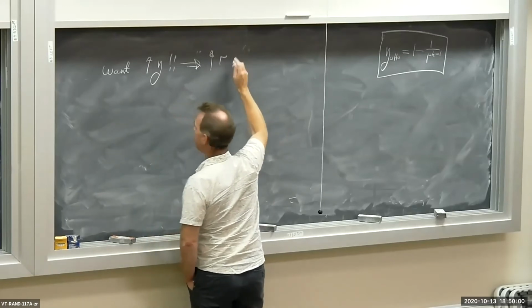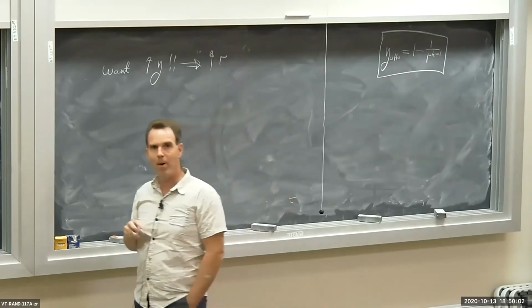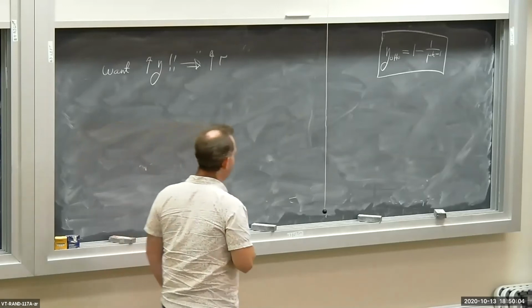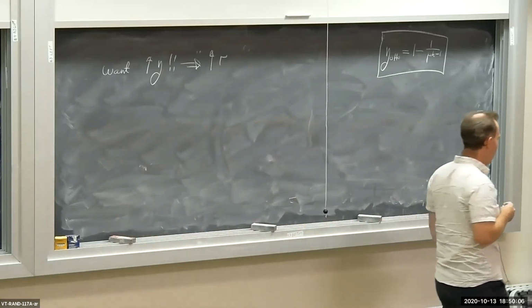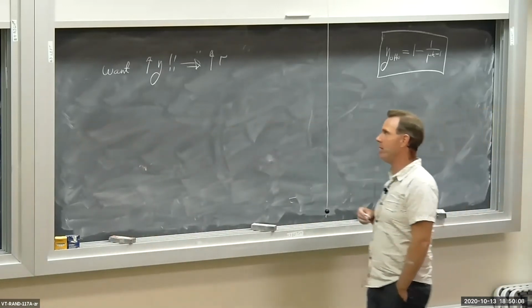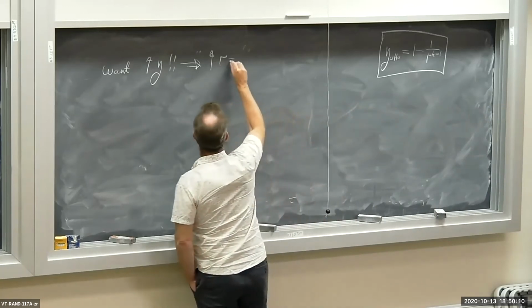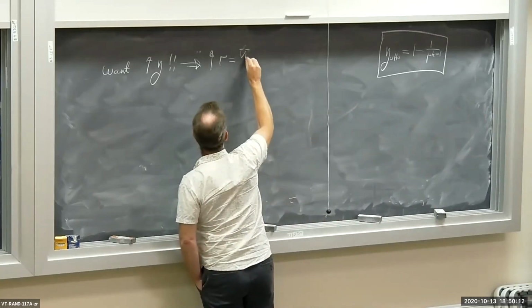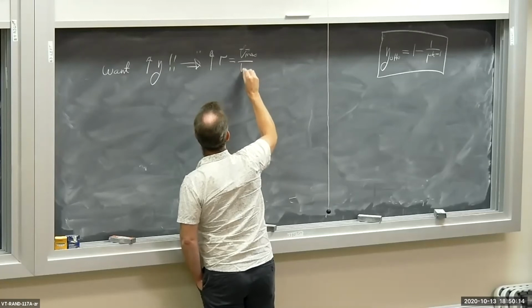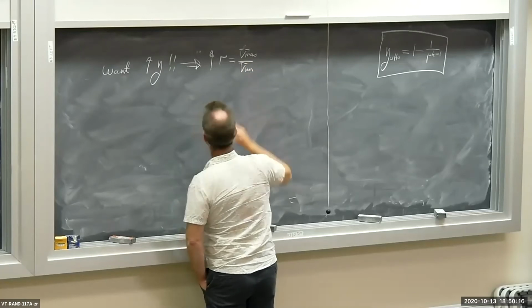Or if you like, maximize the difference between Vmin and Vmax. You want to increase the compression ratio, which is the ratio Vmax over Vmin.